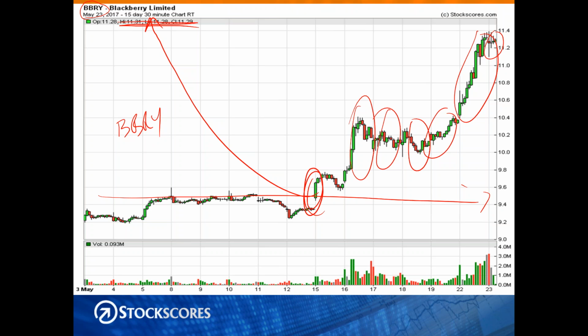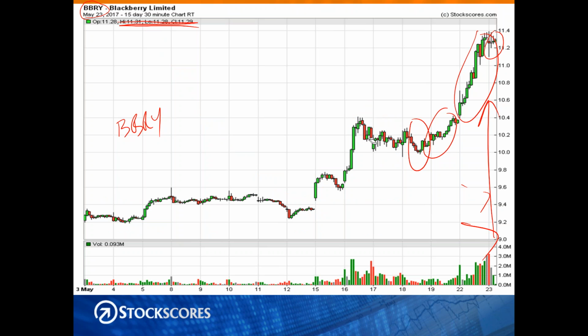Same principles. We've got price history from left to right over time and price on the vertical axis. In this case, you can see that BlackBerry moved from $9.40 about a week ago to $11.20 as of the time that I created this chart, which was partway through the trading day today.